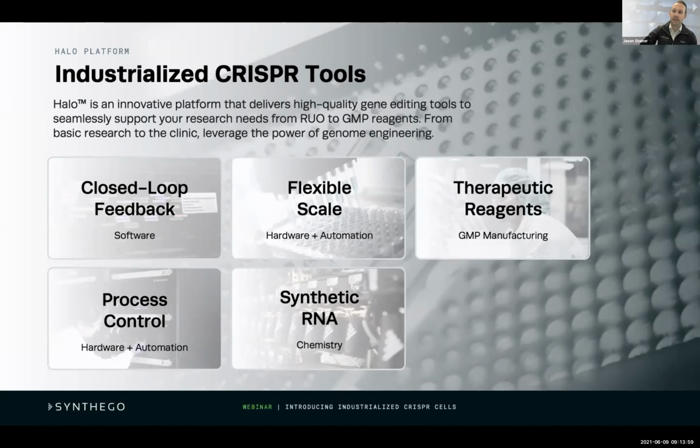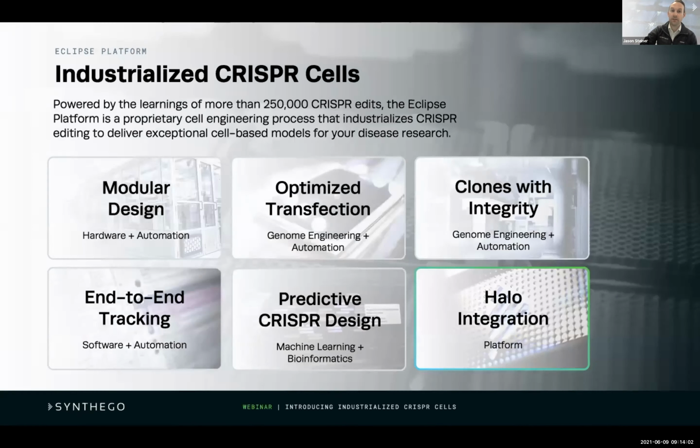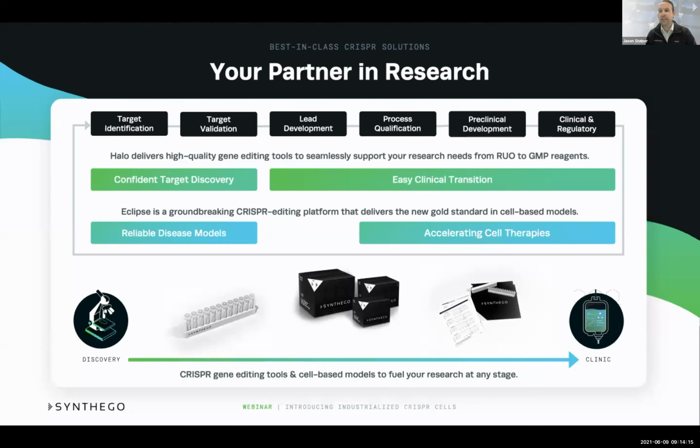The Halo platform here, as I mentioned, is vertically integrated with the Eclipse platform. I won't spend too much time on this slide because Grace will cover it in detail later, but the two platforms are related and they learn from each other. By combining these two platforms, we're able to produce a whole suite of products, and these products support the utilization of genome engineering technologies across the entire discovery to clinical manufacturing spectrum, including everything from target identification through, again, GMP manufacturing.